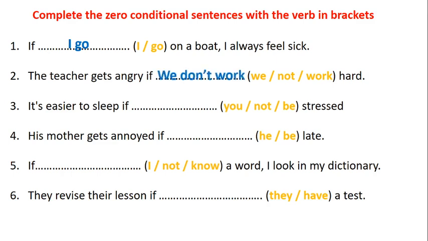It's easier to sleep if, and another time, negative form with the verb to be, if you are not stressed. His mother gets annoyed if he is late. Here we don't have a negative form.